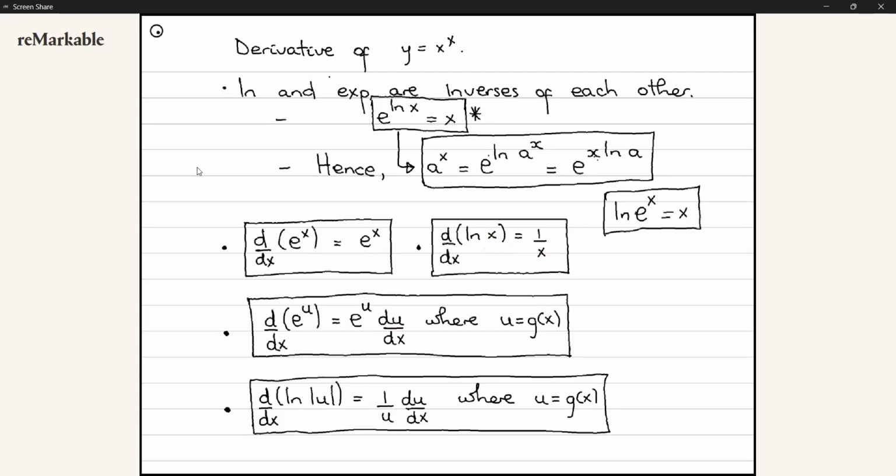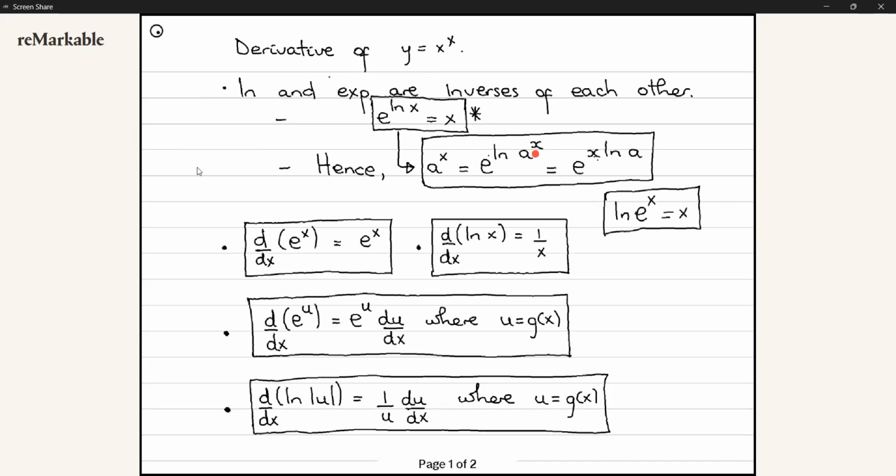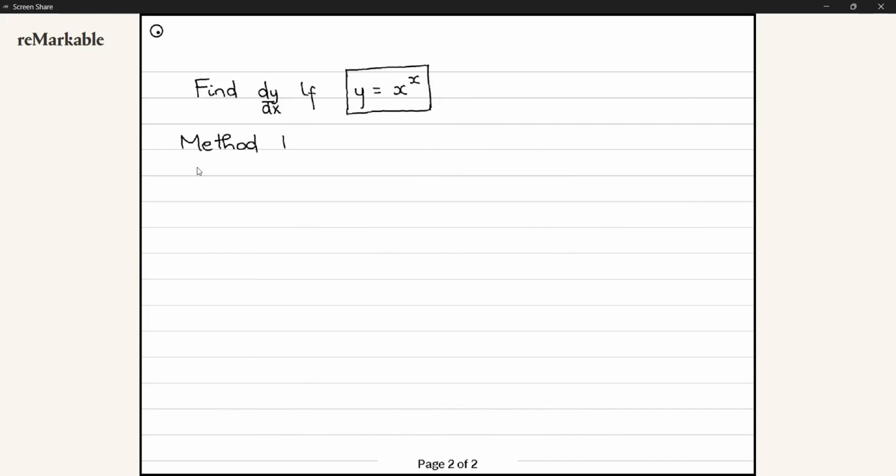So let me start with method number one. The very first thing that I'll do is that using this fact, I know that x to the power x can also be written as e to the power natural log of x to the power x.